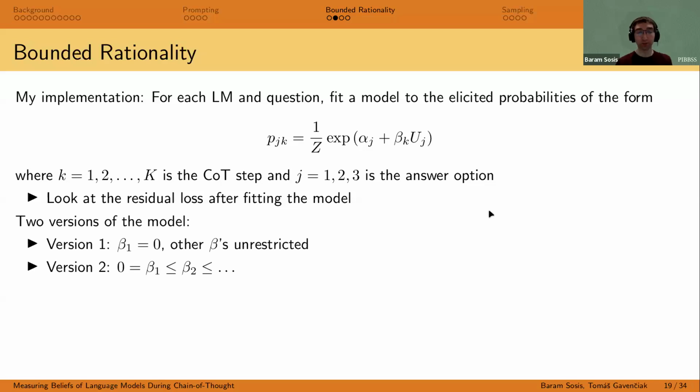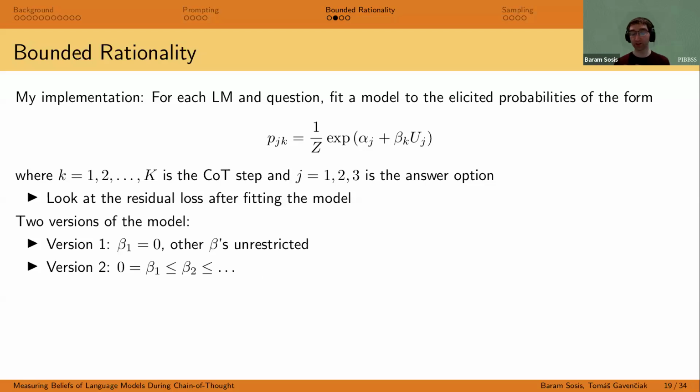So I actually ended up looking at two different versions of this. One is where I just set the first beta value to 0. That's to make sure that the alpha actually captures the prior, right? And the other beta values are sort of unrestricted. In the other version of the model, I again set the first beta value to 0, but then the other beta values I restricted to being an increasing sequence.